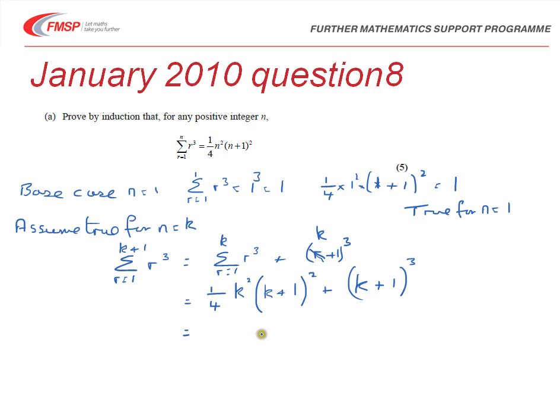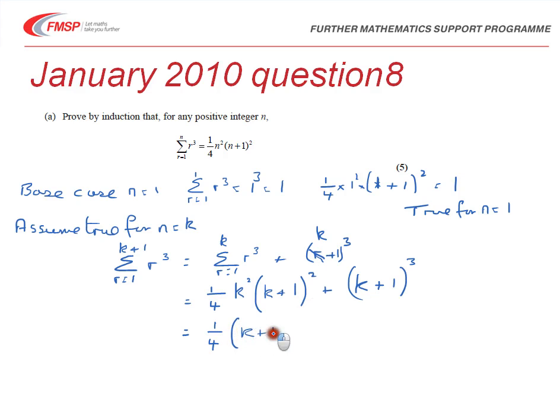Going on from there, in all this sort of proof, similar to the ones that you may have seen in series, if not, then do look at the revision session on series, you'll see that in this sort of expression we always factorize out as much as we can. Here the factorization comes to be 1/4, and we can see that there's a common term of (k+1) all squared.